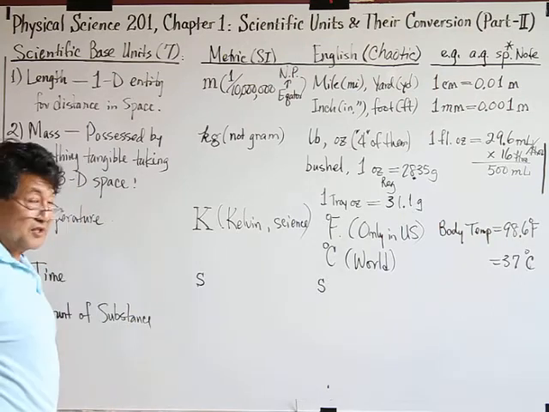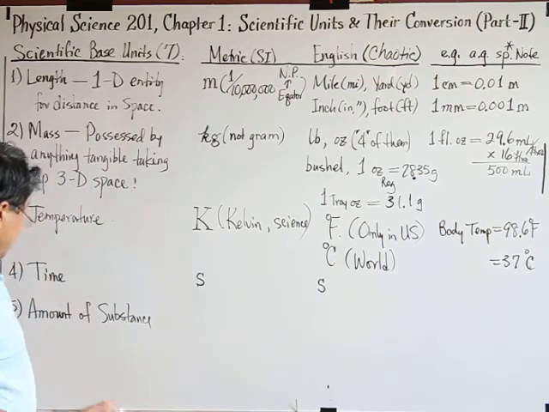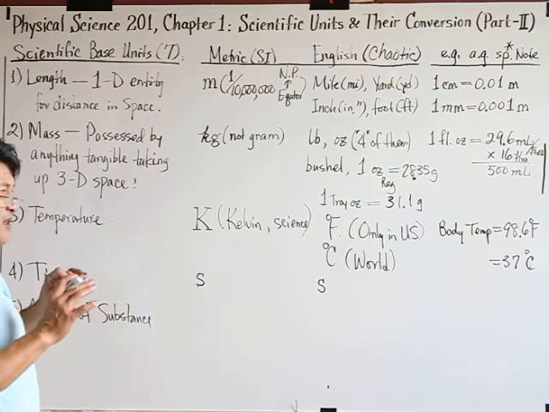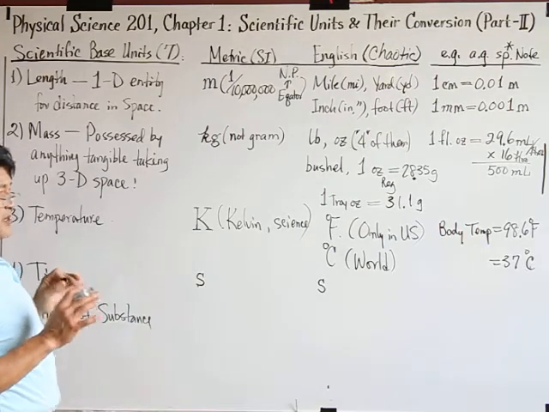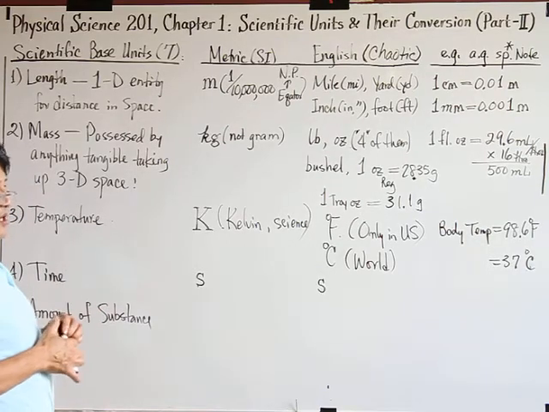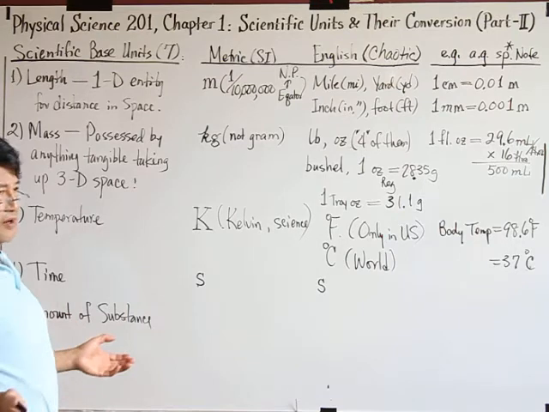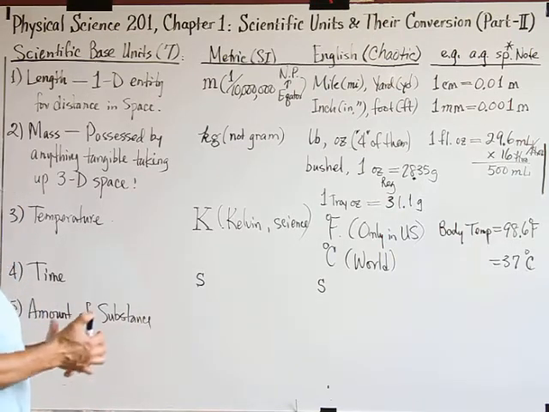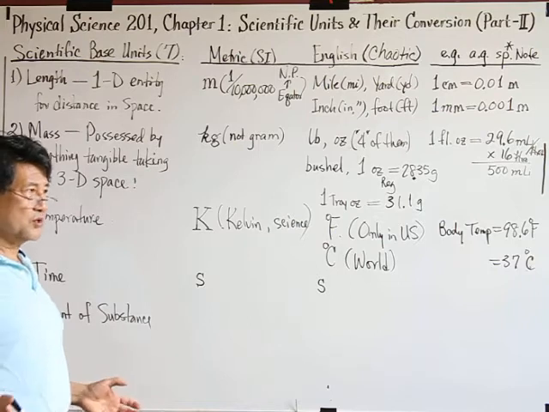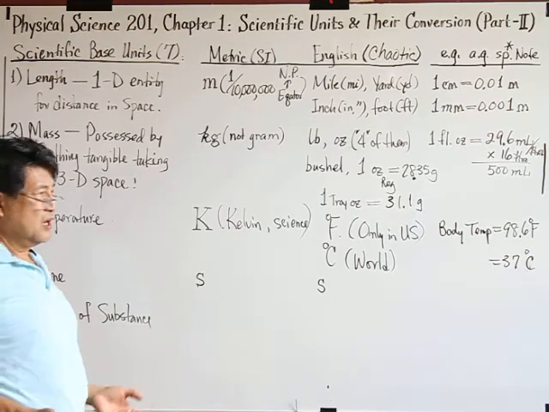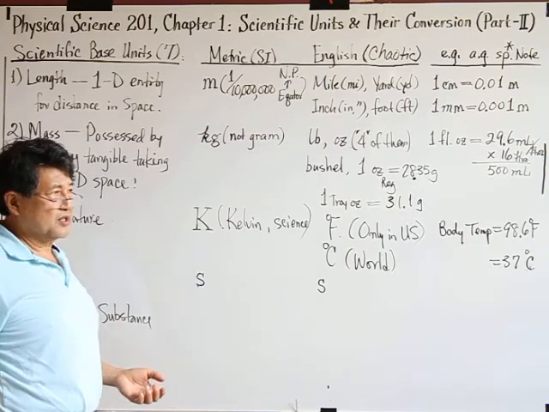Now, amount of substances is a very, very important unit, and it's a little difficult for some students to handle, because we are going to involve matter. The substances are matter in the universe or on Earth or in nature, right? And we talk about chemical compounds. That's which substances we talk about.